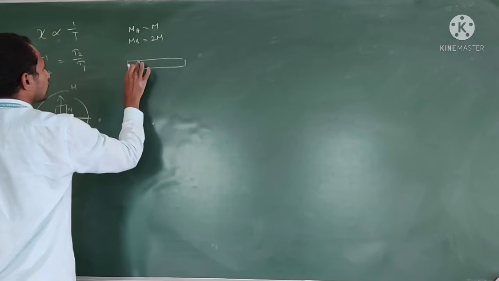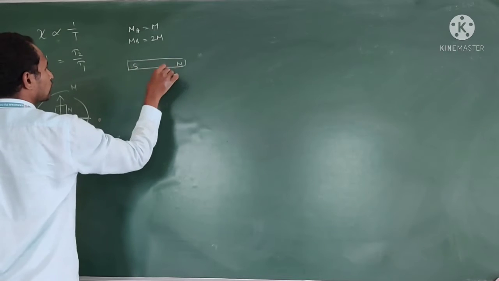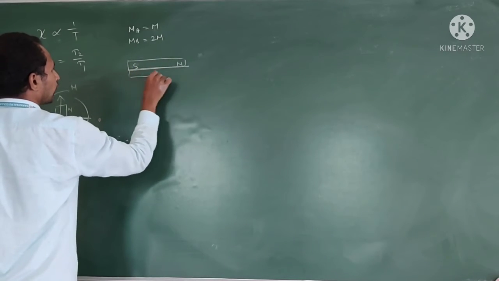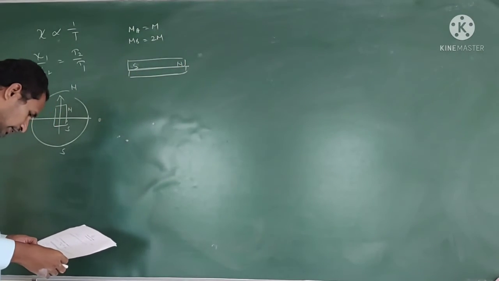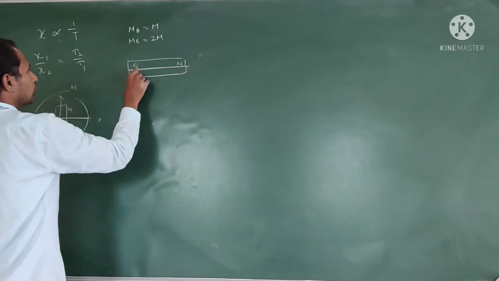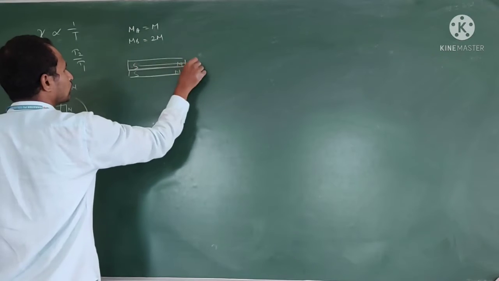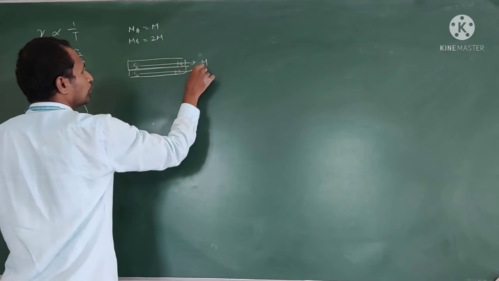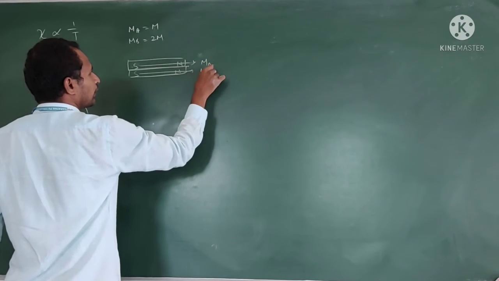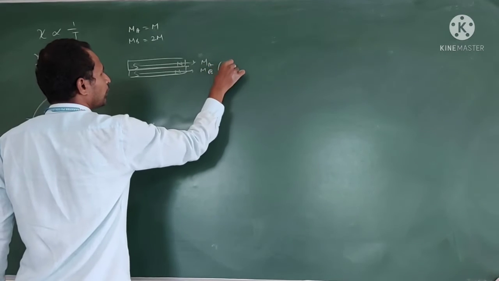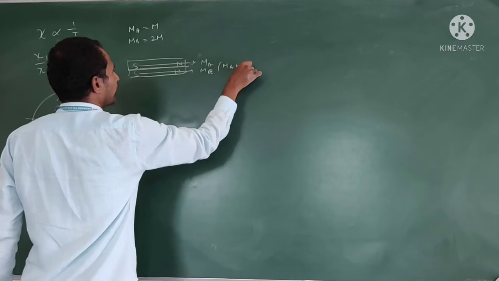In the first case, like poles are placed, so the magnetic moment acts from south to north, both in the same direction. So this will be MA plus MB.